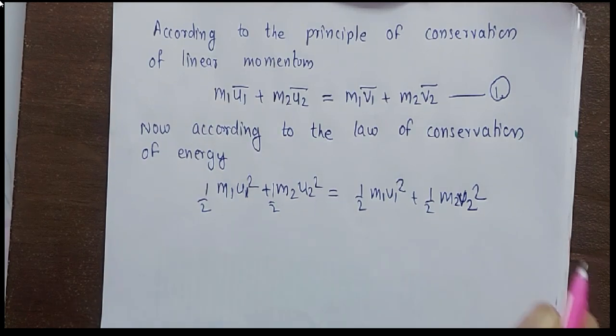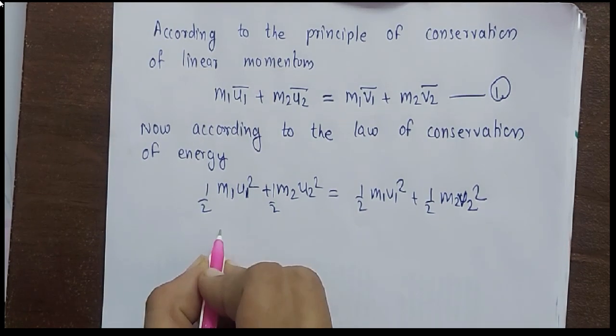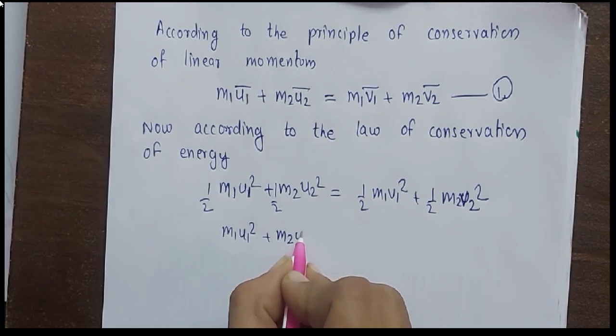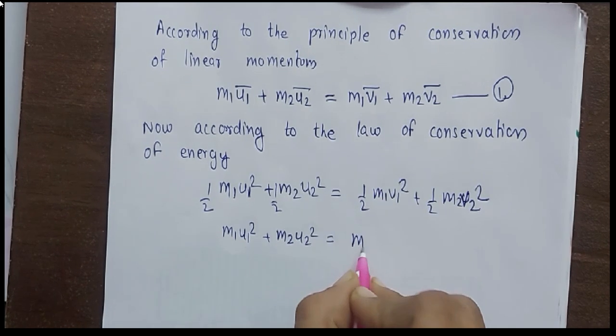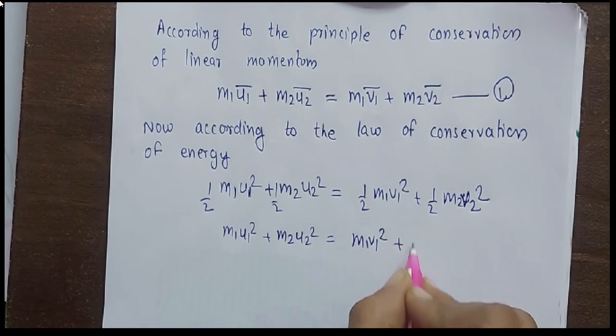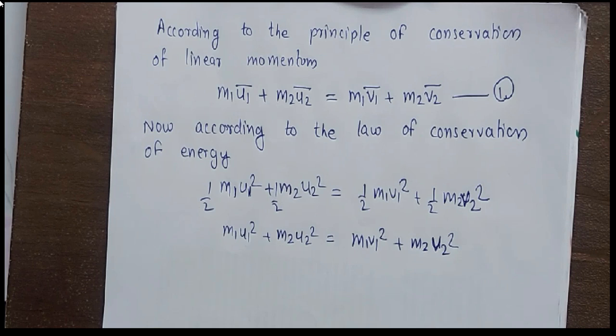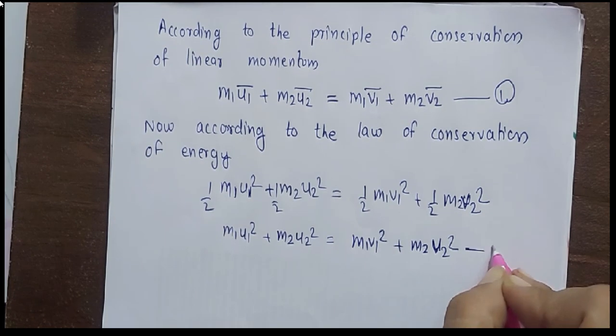We will cancel half from the entire equation, so the equation becomes m1 u1 square plus m2 u2 square is equal to m1 v1 square plus m2 v2 square. This is equation number 2.